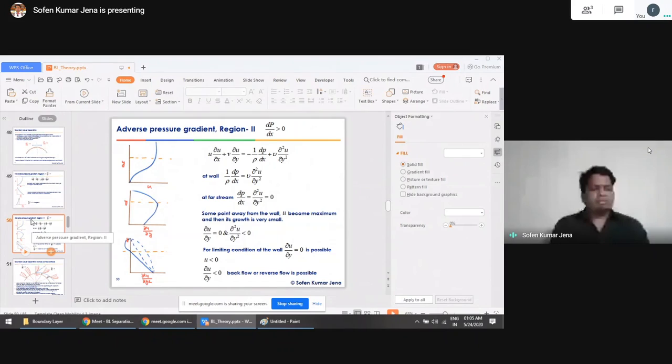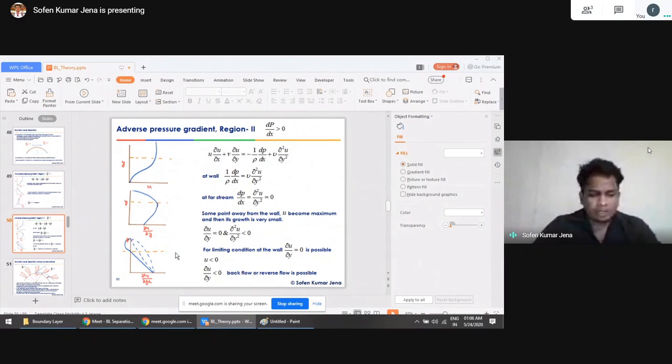No, just imagine one thing. Remember, as already told, once del p by del x is greater than zero, del square u by del y square needs to be positive, right? So gradually in the pure free stream region, the gradient is going to vanish. They are coming to zero, right? Again, it's the role of how they are approaching zero.